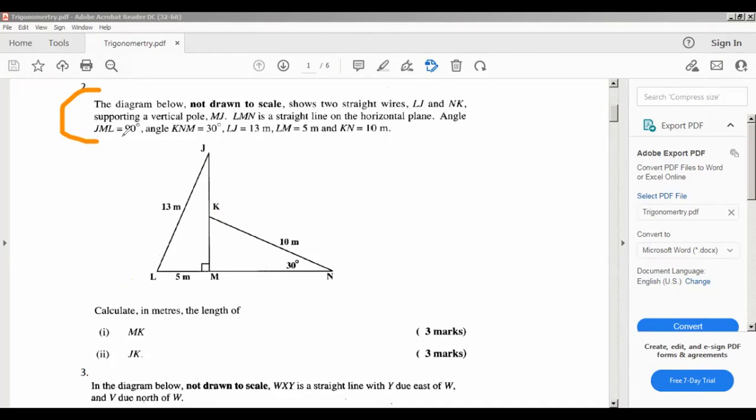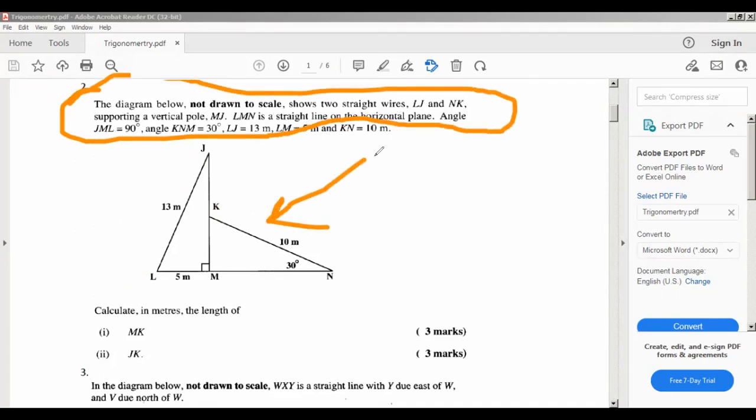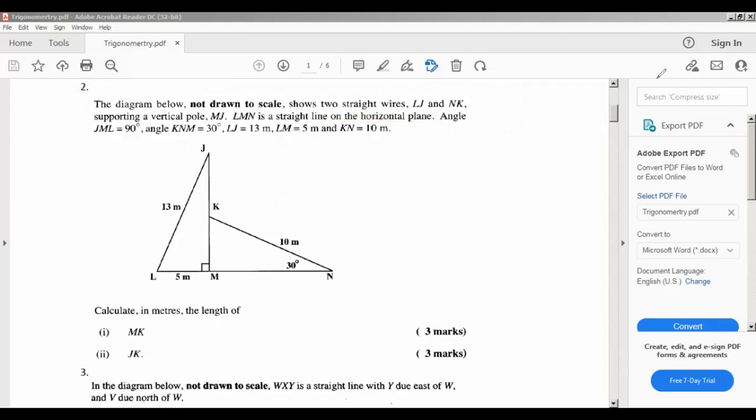They're just describing to you everything that's up here. Okay, so let's go. Calculate, in meters, the length of MK. Let me ask a question. Can I use the left hand triangle to find MK?